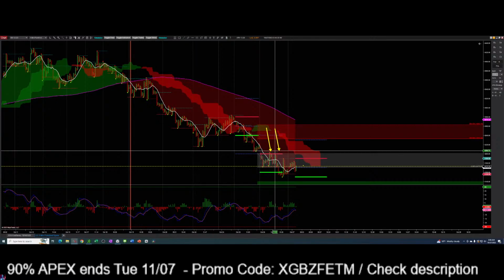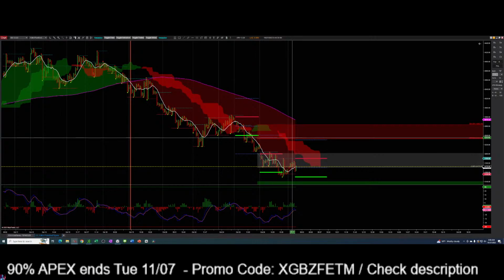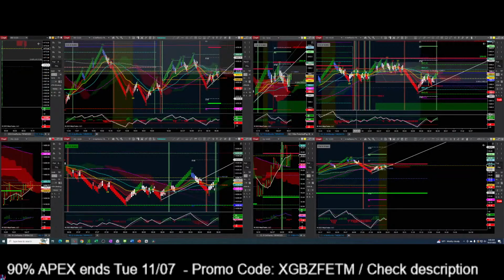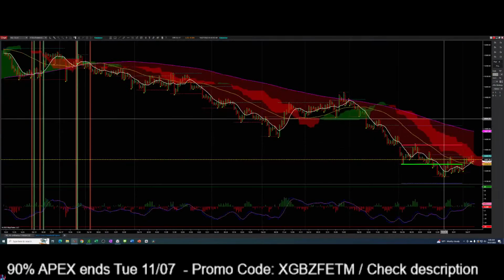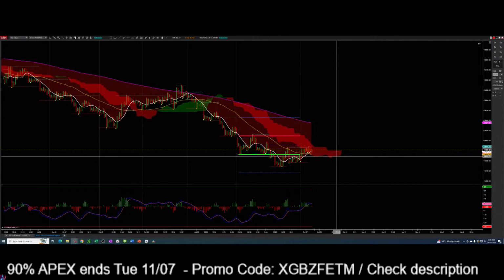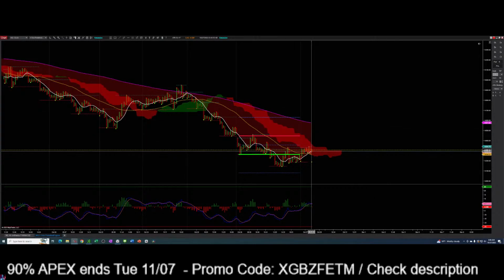We are in the range for sure. So those are my levels right there. Okay, I may modify them later. And then NQ seems to have somewhat of a trend reversal here, right? There's a crossing of the 50 with the 10.